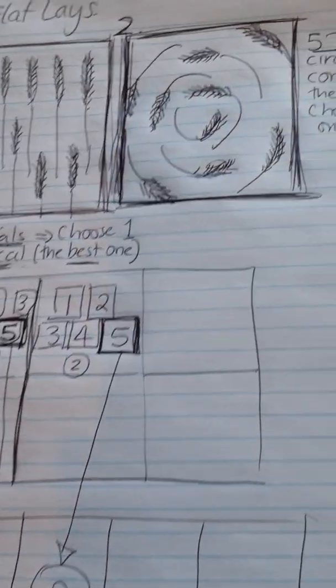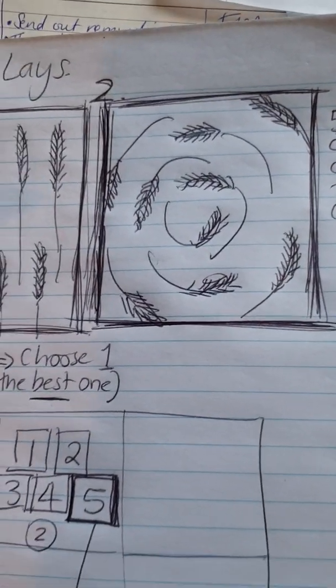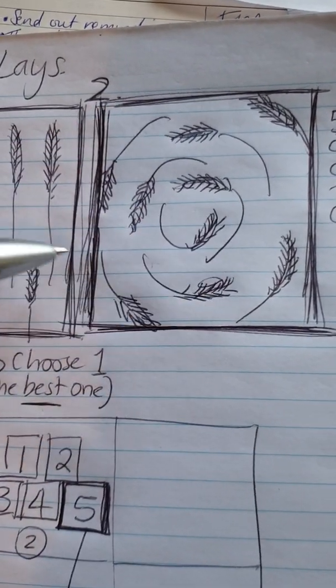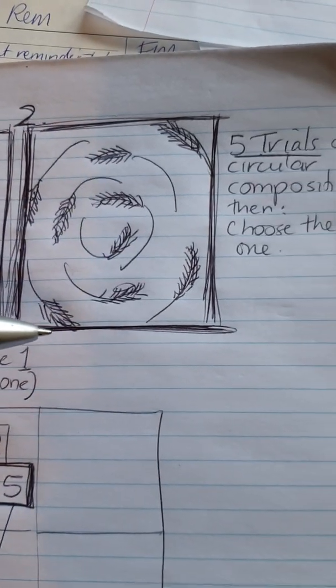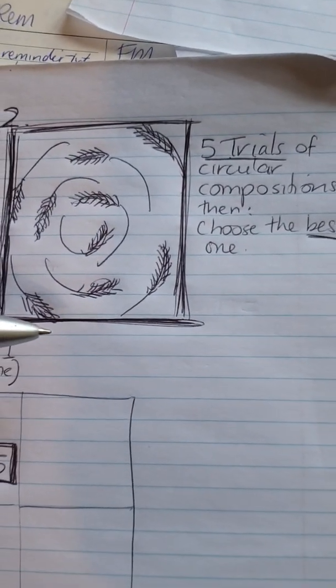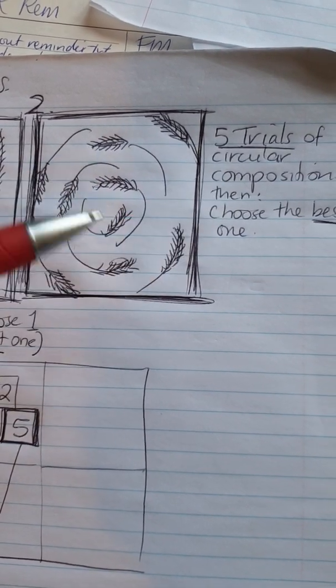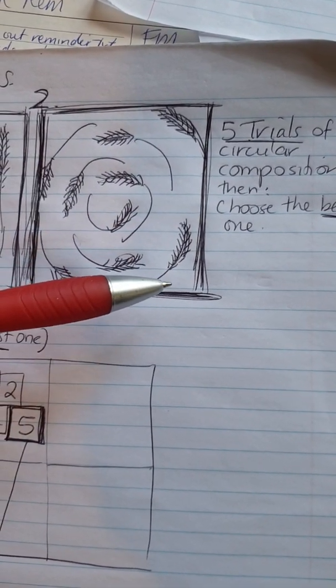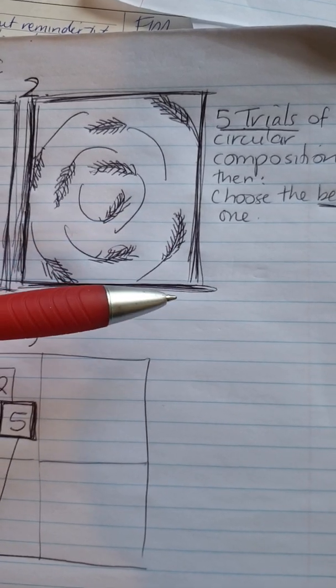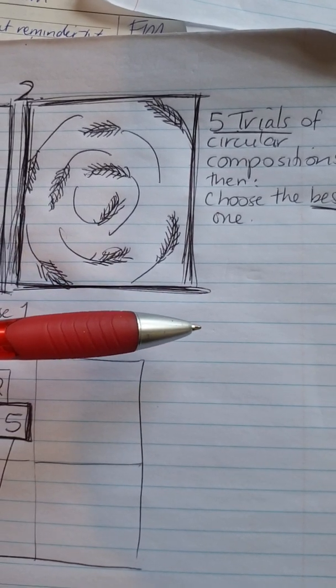Okay, so for example, if I got my lavender and said, right, I'm going to try 5 different combinations of my lavender in a circular composition, and I'm going to play around. I'm going to photograph each one. So I photograph 5.